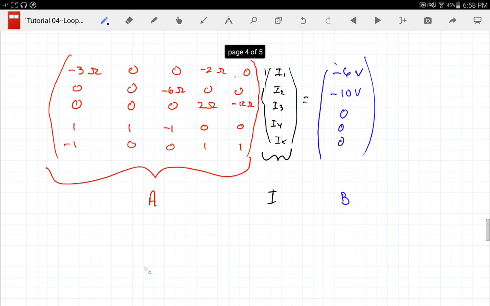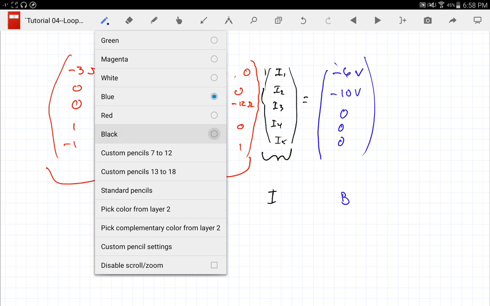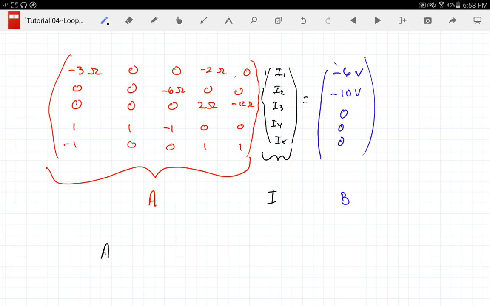So what I have now is an equation that says, and of course it's not going to be color coordinated at this point, matrix A multiplied by column vector I is equal to column vector B. Now you look at that and you say, okay, I've just about had enough. We've done a lot of work and we haven't gotten anywhere. Well, here's the key.